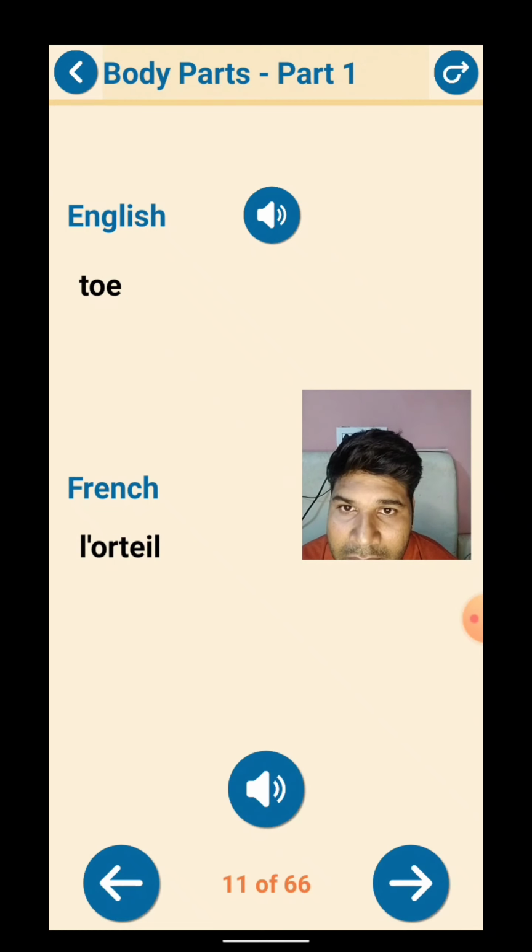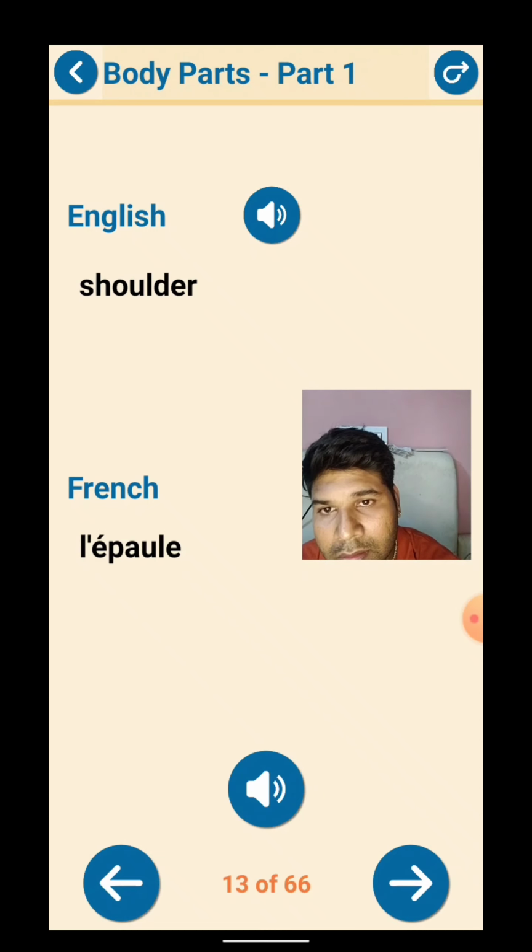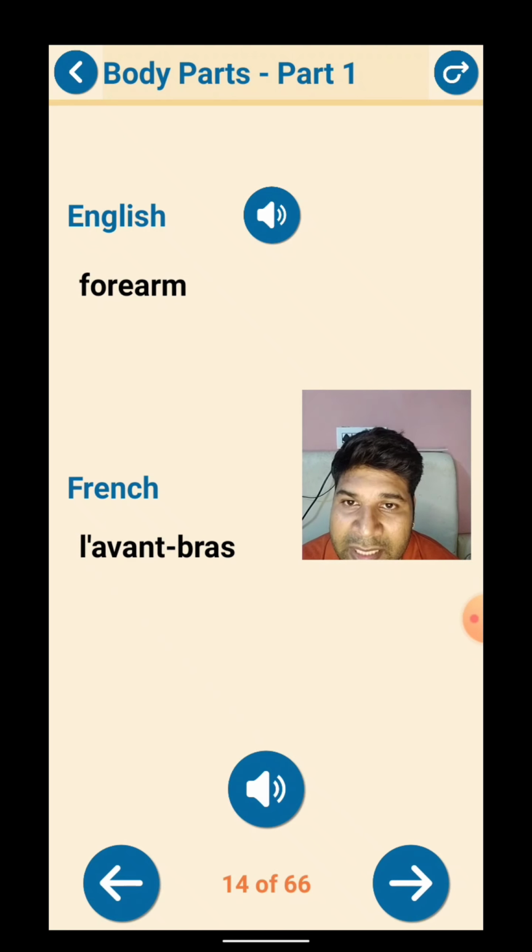Toe in English, l'orteil in French. Arm in English, le bras. Shoulder in English, l'épaule in French. Forearm in English, l'avant-bras in French.